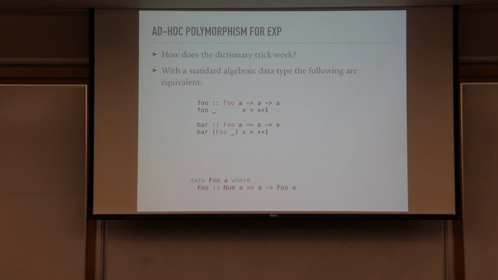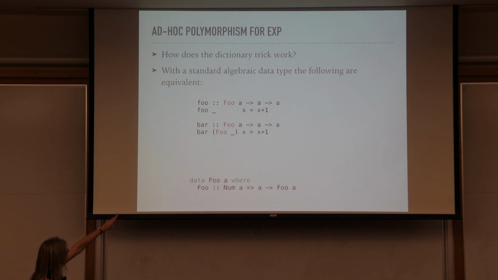So what do they do? Foo gets one argument of type Foo of A, one argument of type A, and it just returns x plus 1. So it doesn't even look at the first argument.